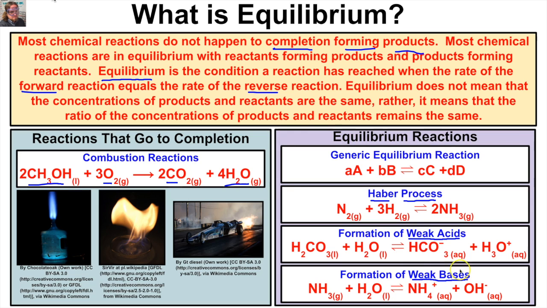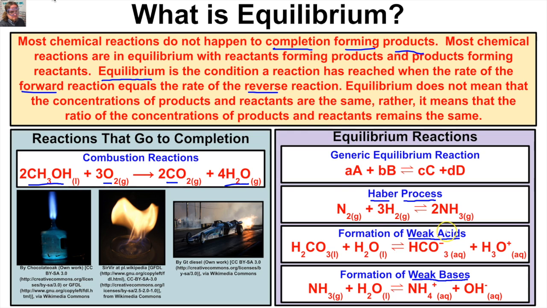The formation of weak bases is also going to be an example of an equilibrium reaction where reactants here are forming products, but then these two products are also reacting with one another to form reactants that we see right here. And when the rate of the forward reaction equals the rate of the reverse reaction, the system has reached equilibrium, and the ratio of the concentrations of the products and reactants will remain unchanged.